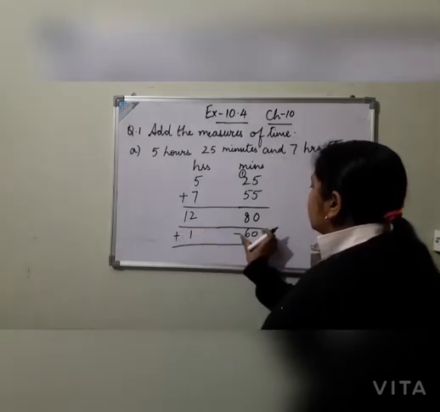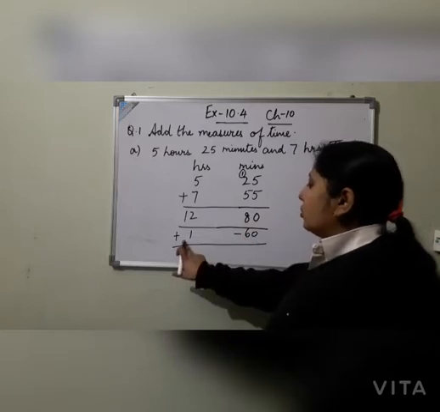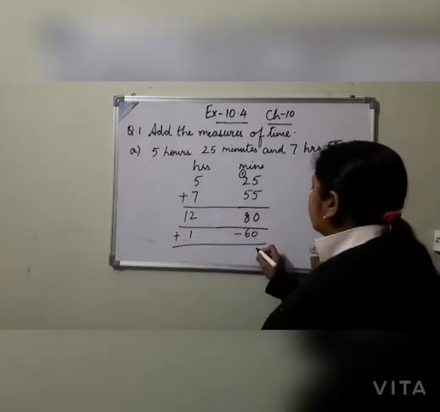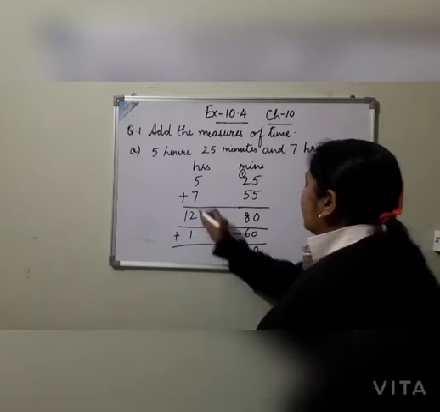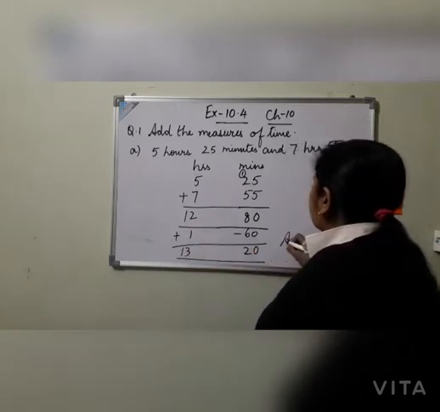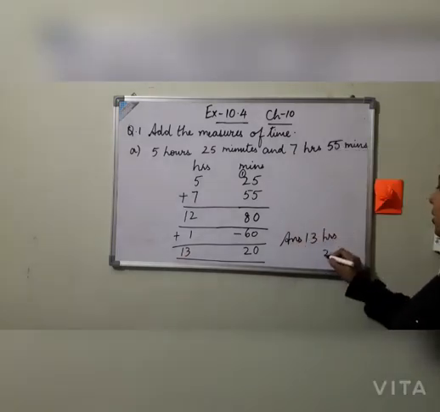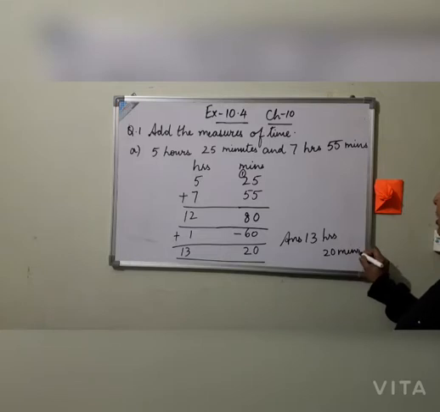Out of 80 minutes, 60 minutes is shifted to the hour column and we get 20 minutes left and the hour becomes 13. This means the answer of this A part is 13 hours 20 minutes.